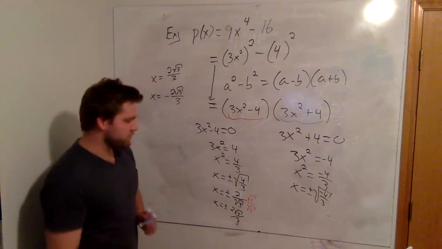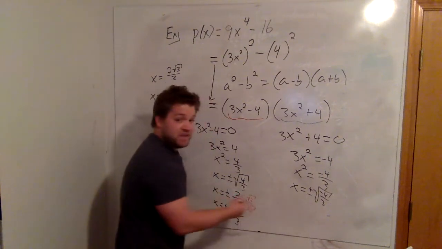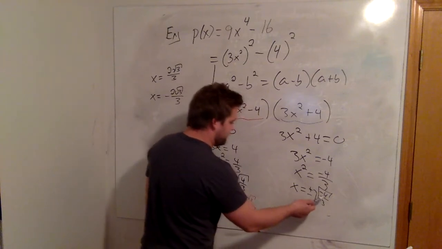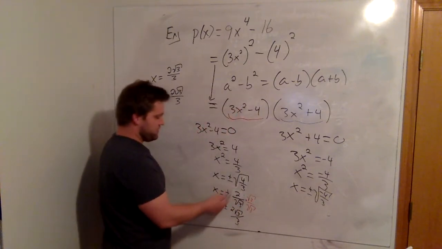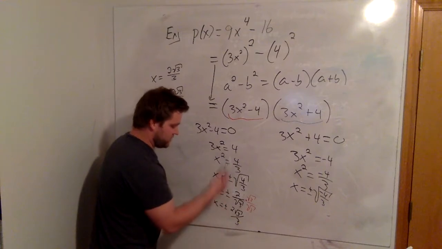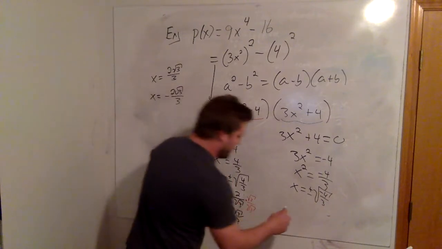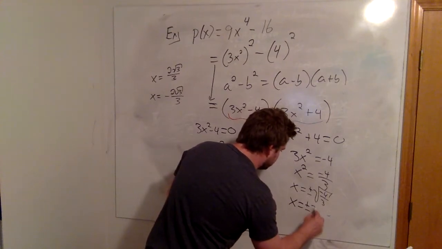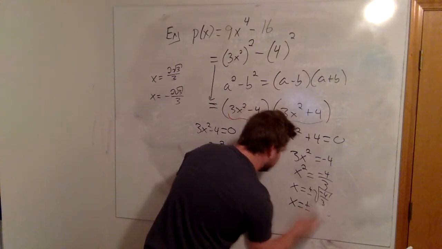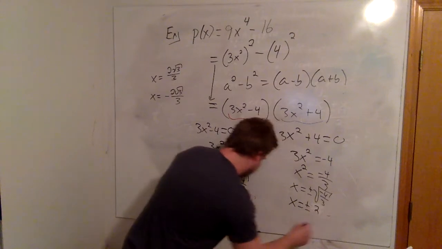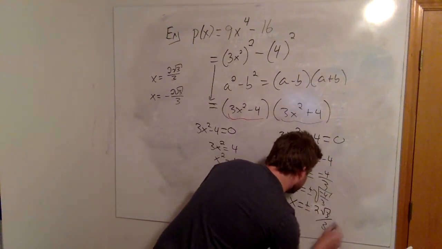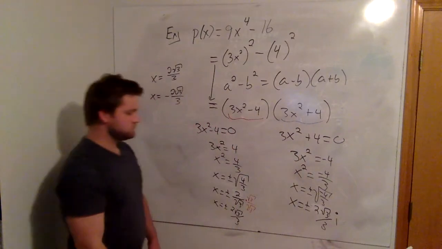Now we can pause here for a second. Notice I really have the same result here. It's just that over here I have a negative 4/3 and here I have a positive 4/3. So I'm going to get the same exact answer when I clean this up, except I'll just have an i out front. So x will be equal to plus or minus 2 root 3 over 3 times i.